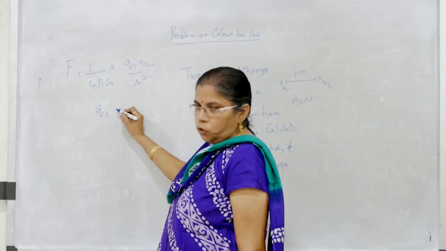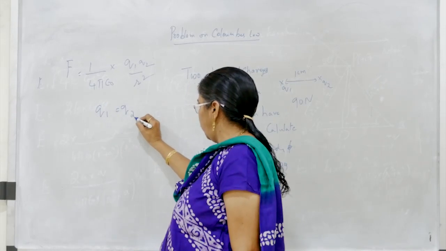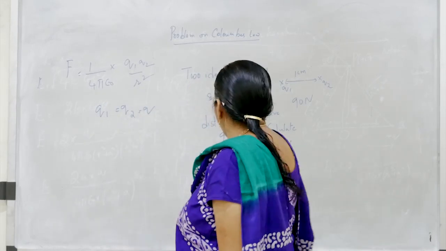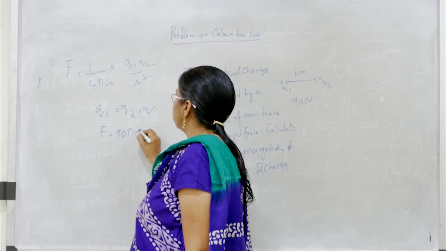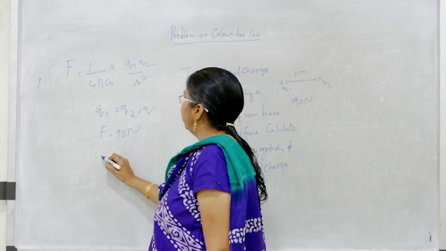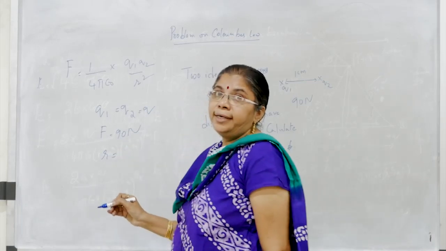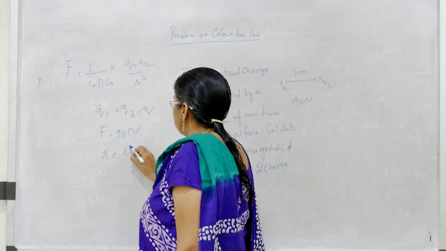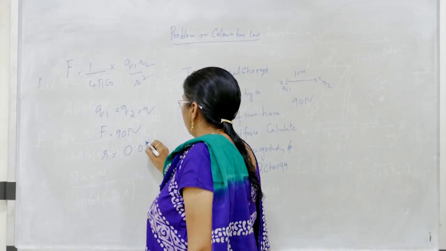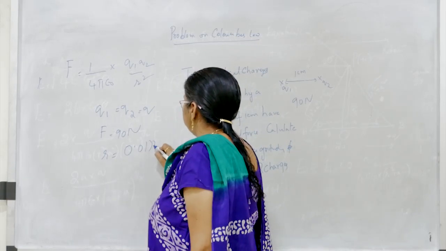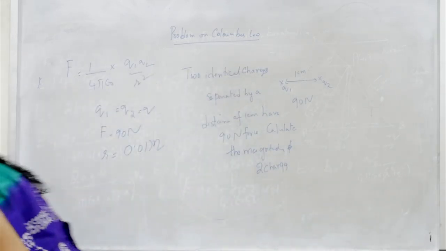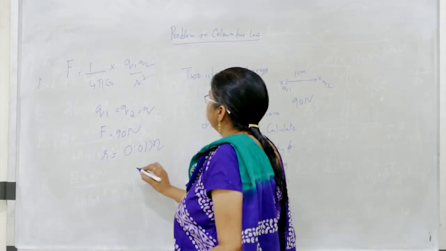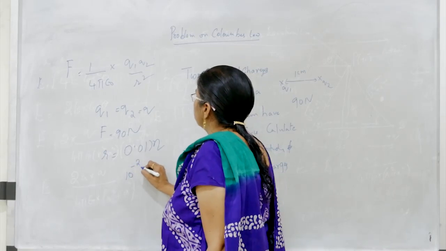So I take Q1 and Q2 is equal to Q. So F is equal to 90 newtons and R is 1 centimeter. So in MKS system I take 1 centimeter as 0.01 meter, or this can be written as 10 power minus 2 meters.